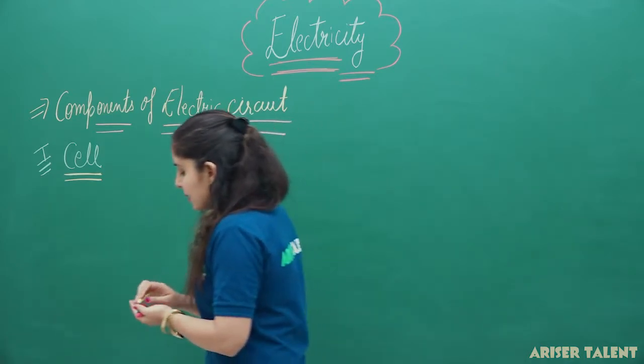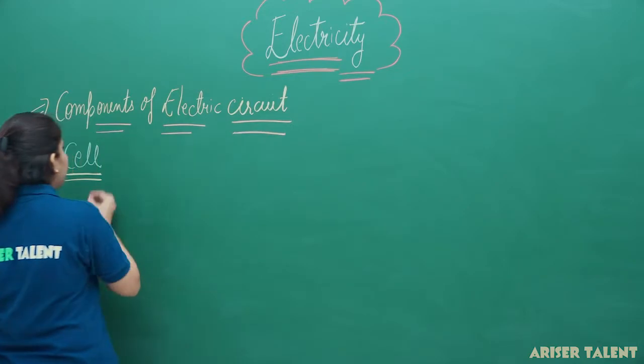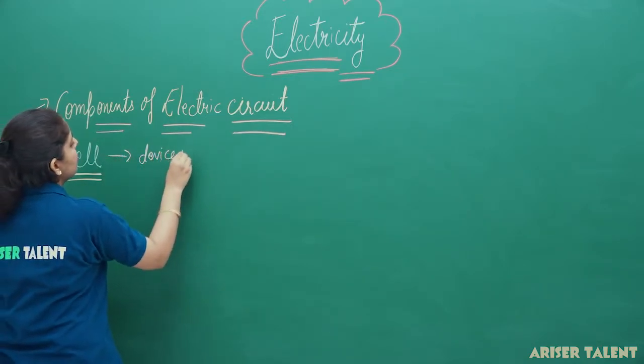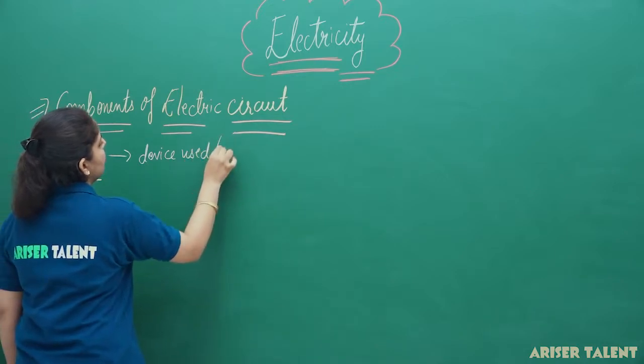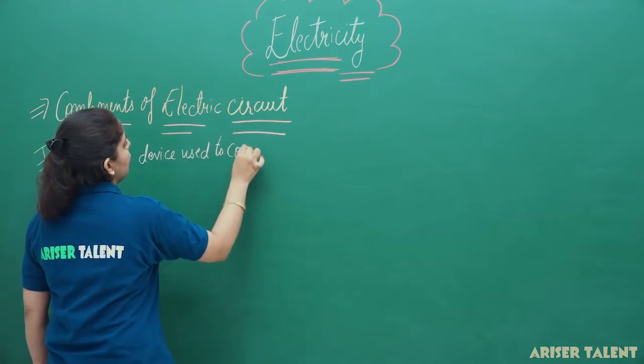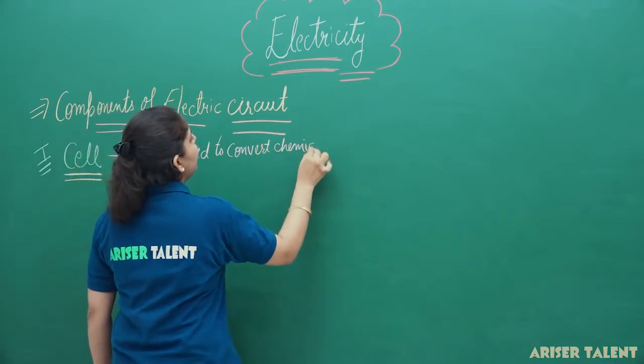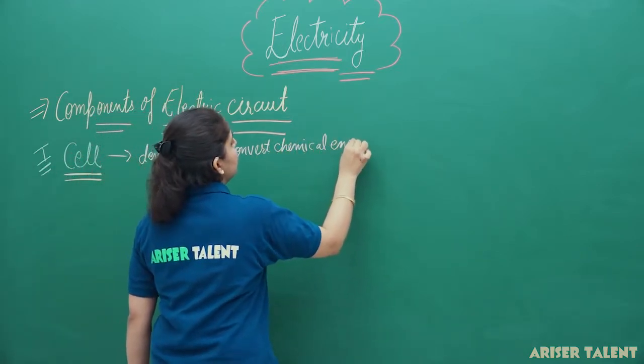So, actually a cell is a device which converts chemical energy into electrical energy.